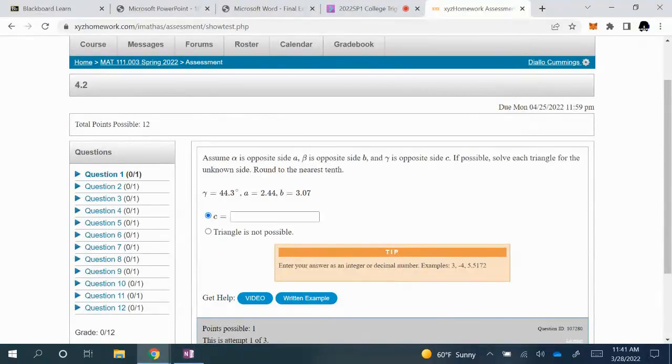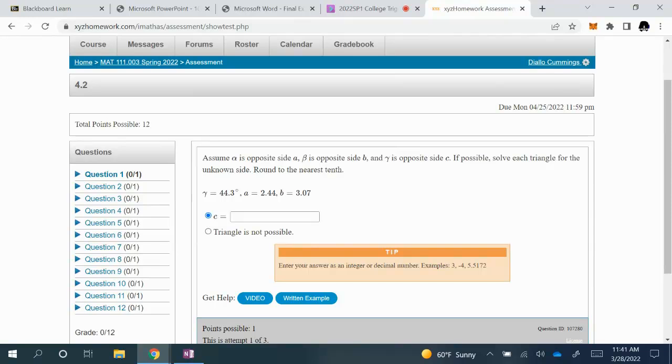It says assume that alpha is opposite side A, beta is opposite side B, and gamma is opposite side C. If possible, solve each triangle for the unknown side, and we want to round to the nearest tenths.